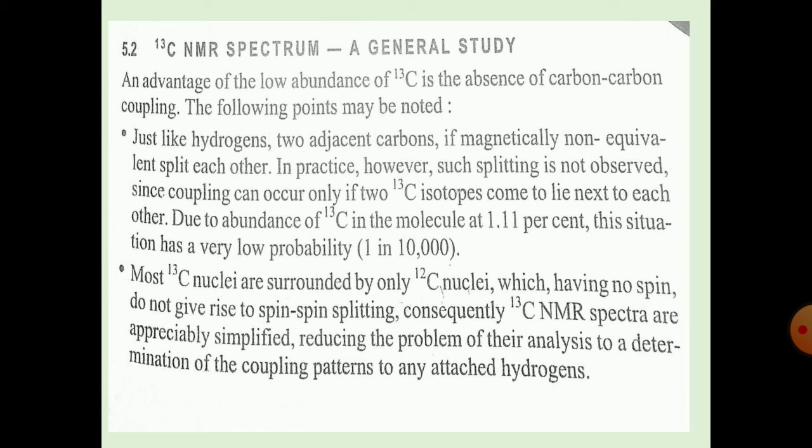Firstly, the most abundant isotope of carbon, C12, is 99% and is not detectable by nuclear magnetic resonance, since this isotope has an even number of protons and an even number of neutrons and so no magnetic spin. The less abundant isotope C13 has an odd number of neutrons and gives it a magnetic spin of 1/2, just like the proton.